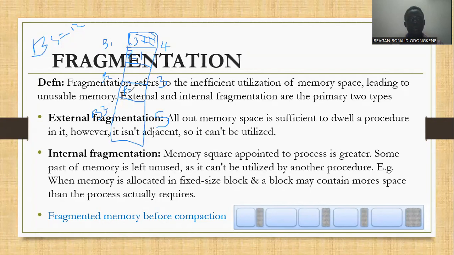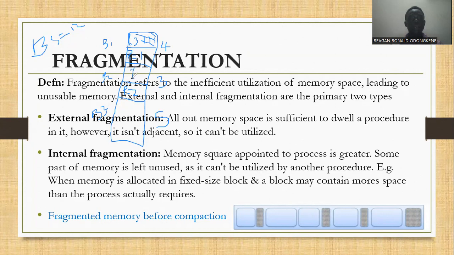And then in block B2, we have process P2 using a memory of 2 MBs, causing internal fragmentation of 1 MB.